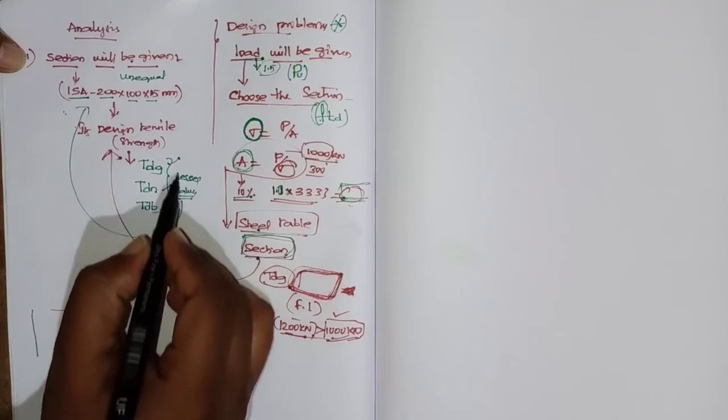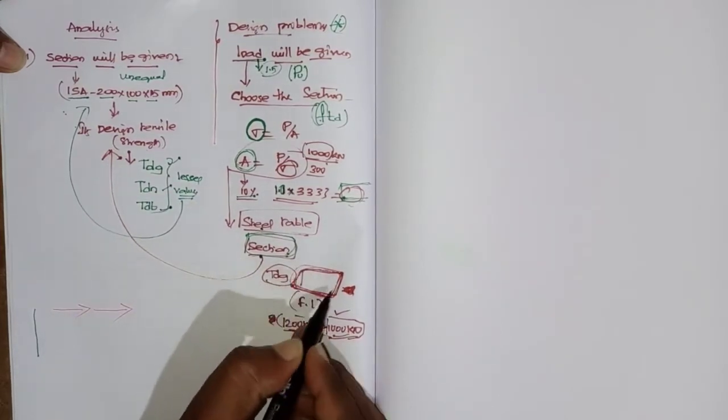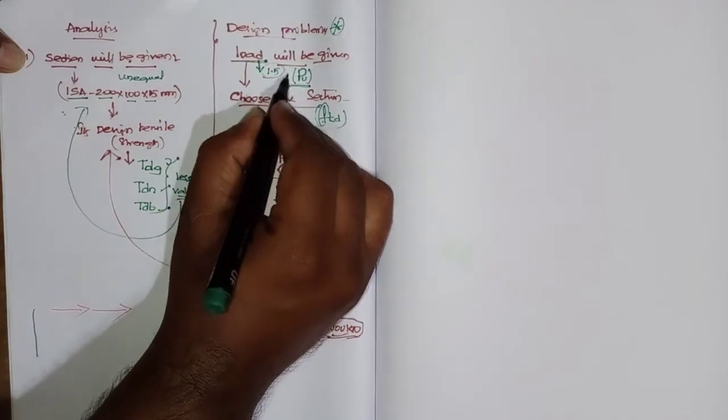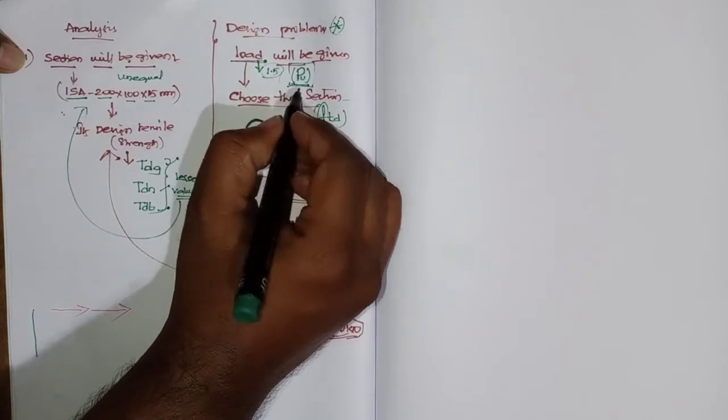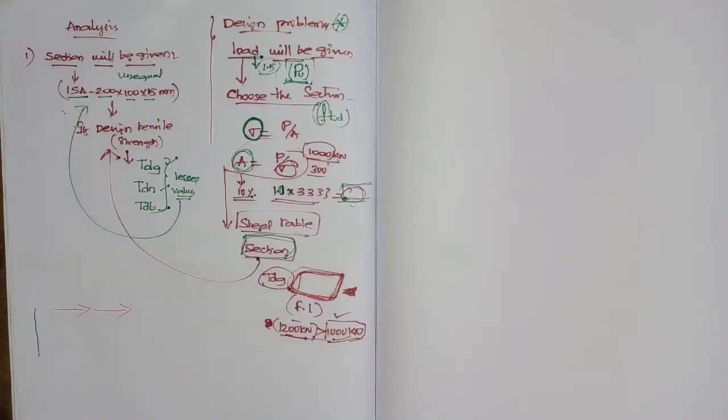The lesser value will be its strength. That strength obtained should be greater than the factored load, then only we can say that the section chosen is safe, that it won't fail. These are the 2 different problems you are going to do in tension members.